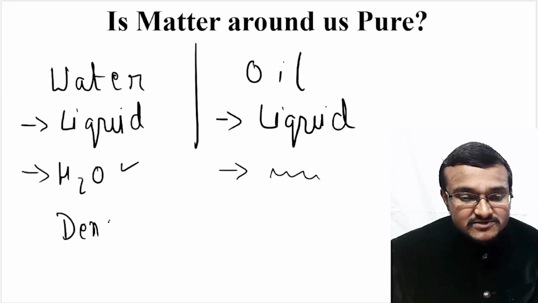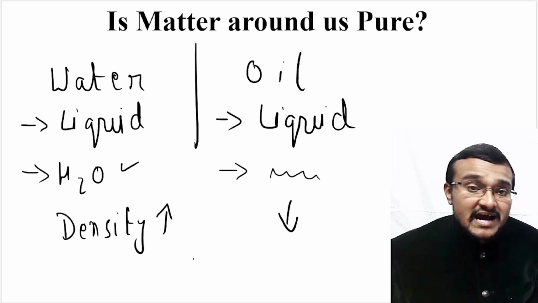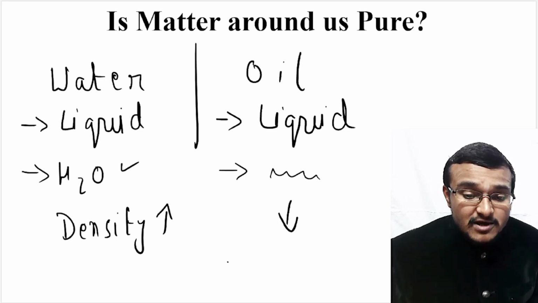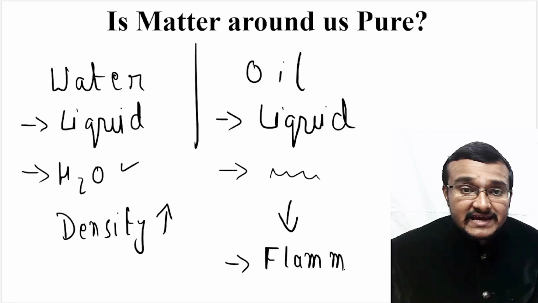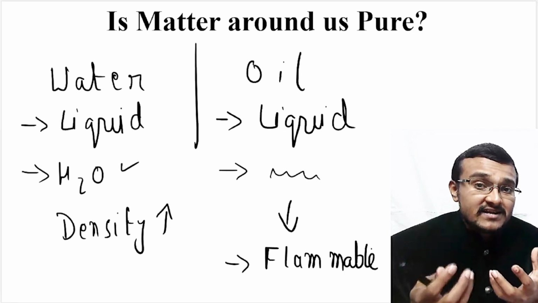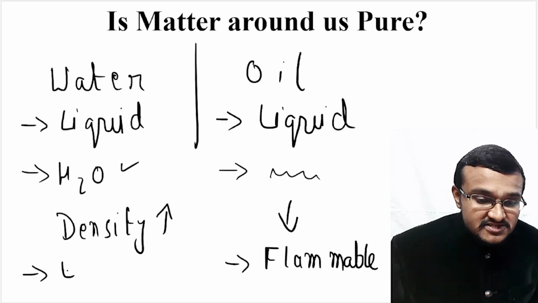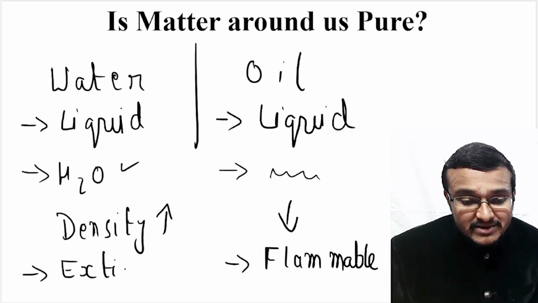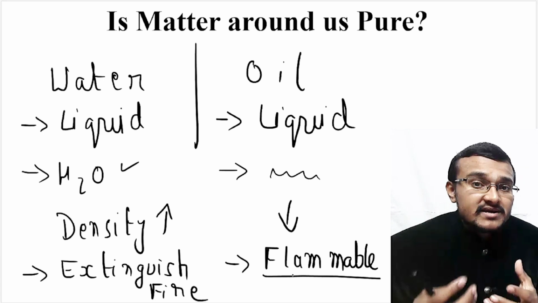The density of water is more, but the density of oil is less. And also oil is more flammable. Oil can easily catch fire and burn in air with a flame. But water will actually extinguish fire. So water has the capacity to extinguish fire, but oil has the capacity to burn in air.